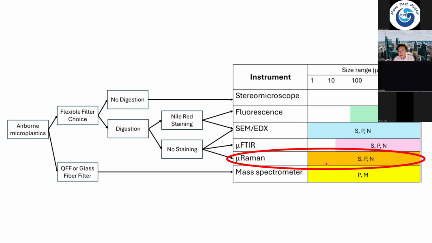And Raman spectrometry can identify the microplastics based on their shape and also polymer type, such as polypropylene and polyethylene, and also the number of microplastics that we can count, which is more consistent with previous research methodologies.